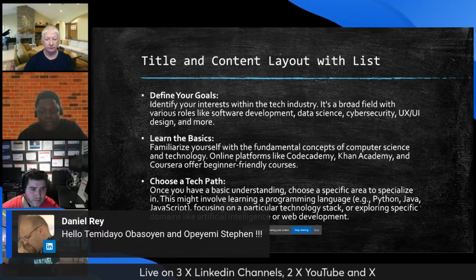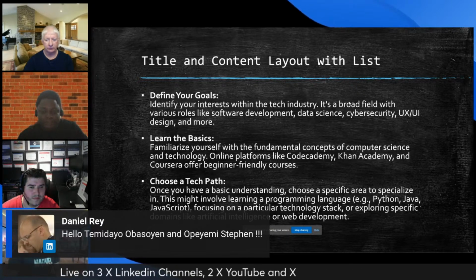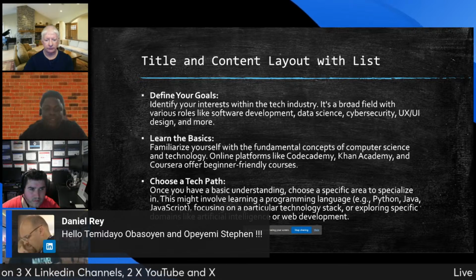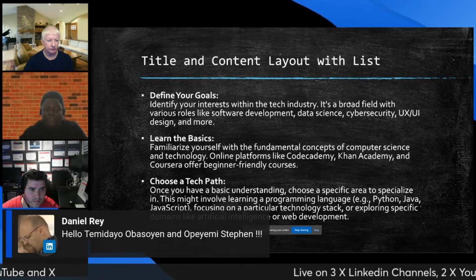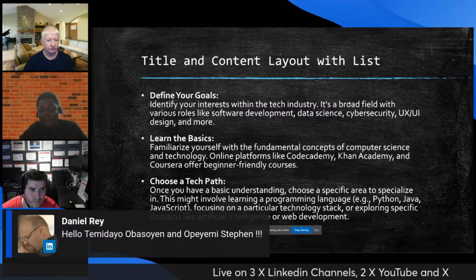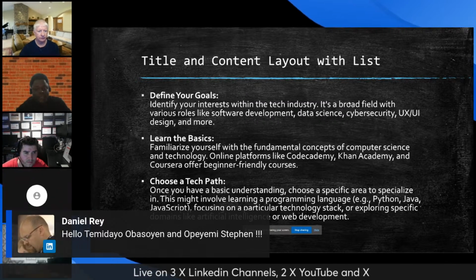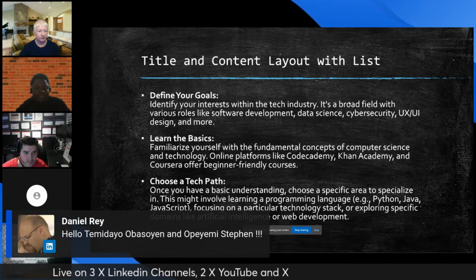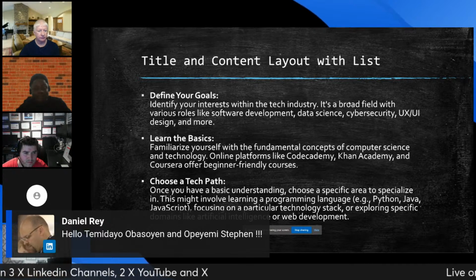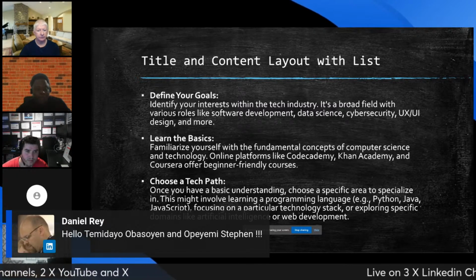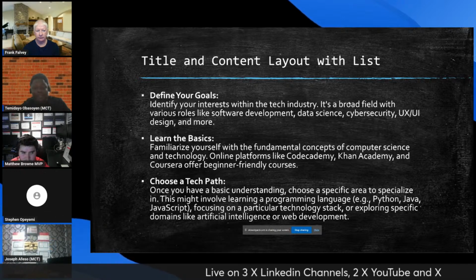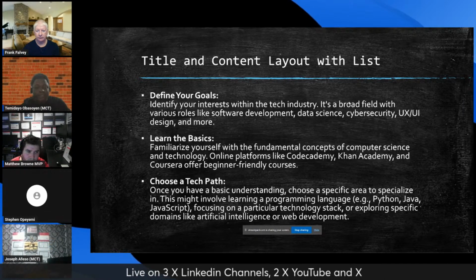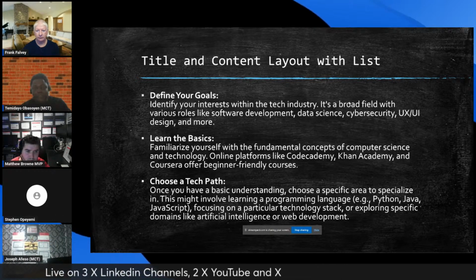Where we are speaking from right now is cloud technologies, and that's where we get Azure. On the cloud, we're not just sticking to Azure, guys. We have AWS and others. Defining your goals, what you're all about, what you want to do, is the major thing you need to do.